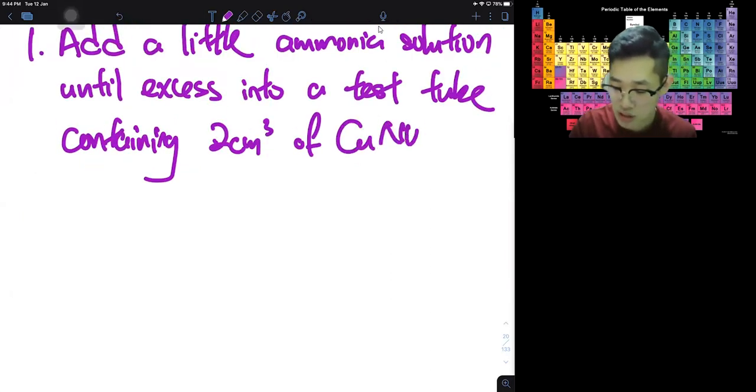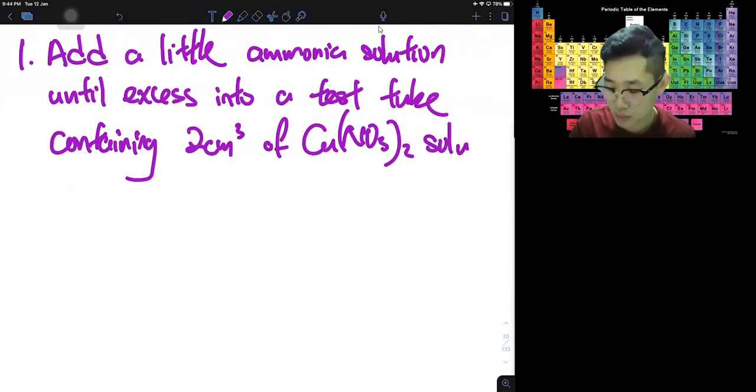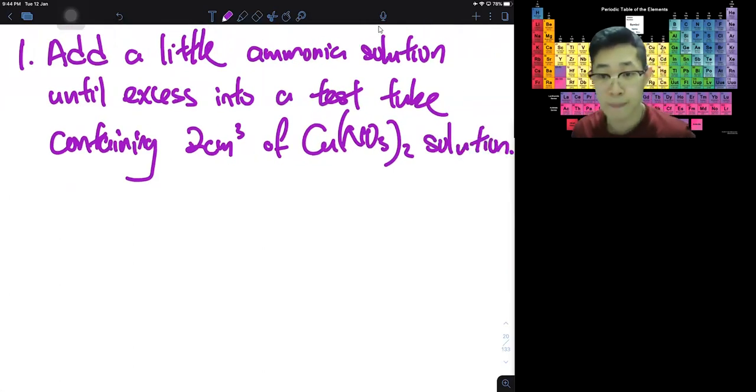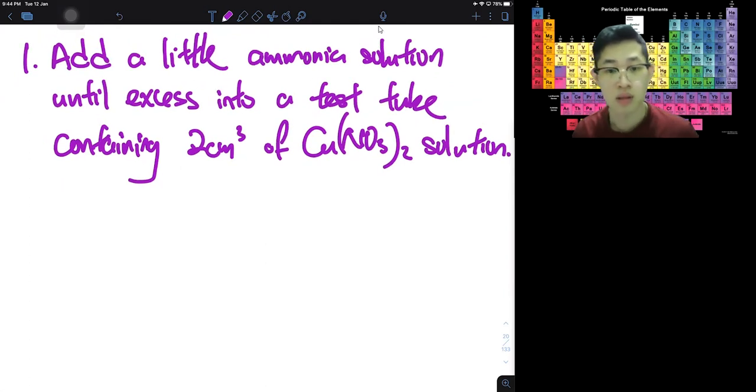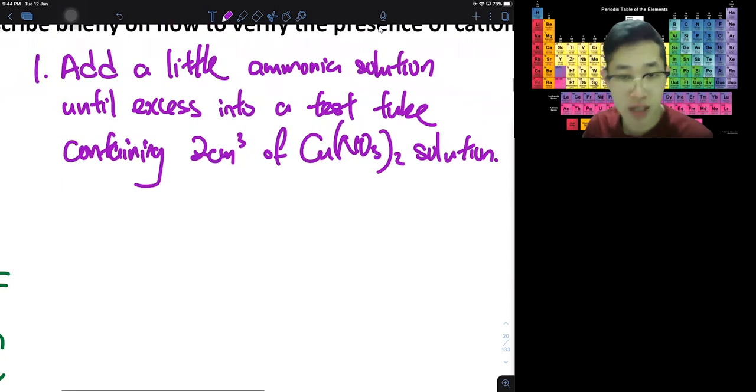Copper 2 nitrate solution. Okay, copper 2 nitrate solution.